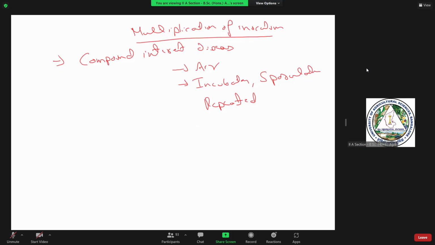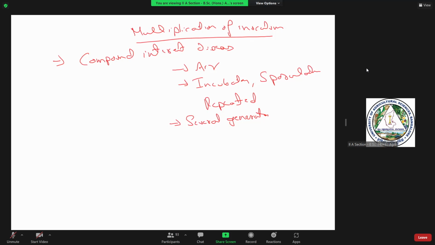Please make a note that there are several generations per life of the crop. In the same crop, the pathogen completes many life cycles.